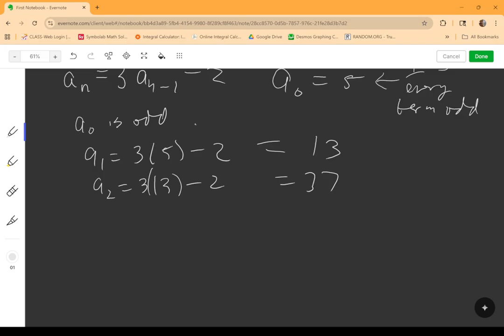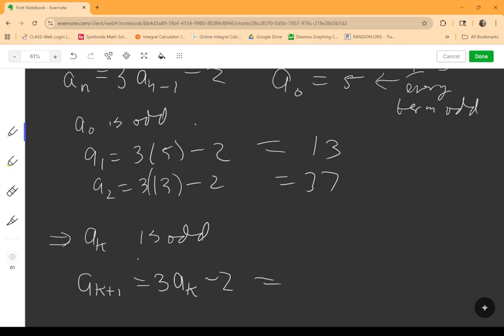So at least, not a proof here, but I can see that this looks like a valid conjecture. And the reasoning I'll take: let's say a sub k is odd. Now what does that tell me about the next one, a sub k plus 1? That would be 3 times the previous one, a sub k, minus 2.